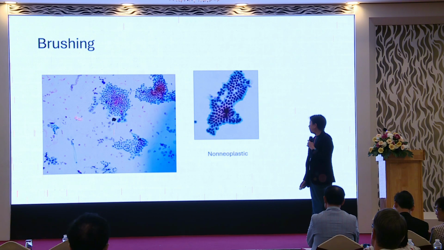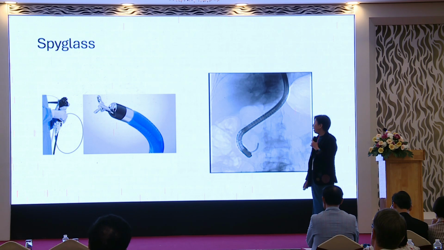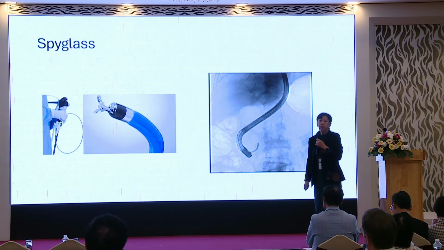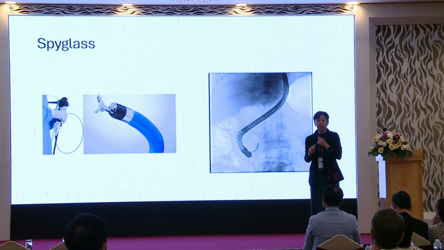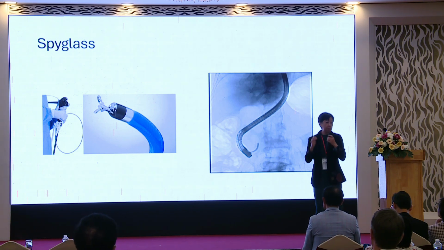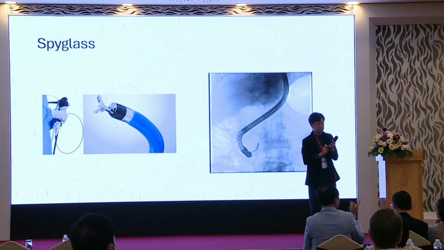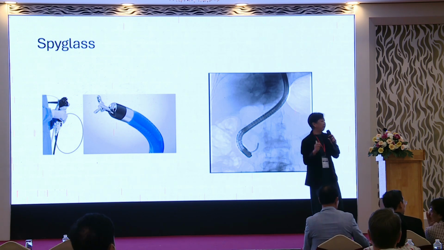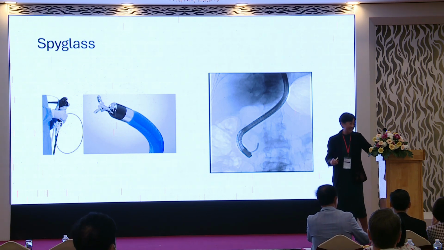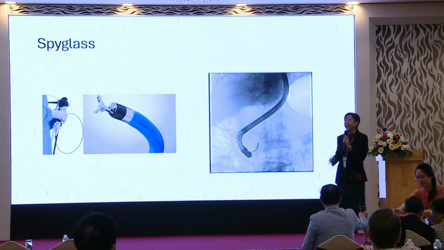So this is a typical brushing. And the non-neoplastic, you can see the honeycomb architecture. This is a spyglass, which is useful for the clinician. They think they are taking out bits and pieces. Oh, it's working again.